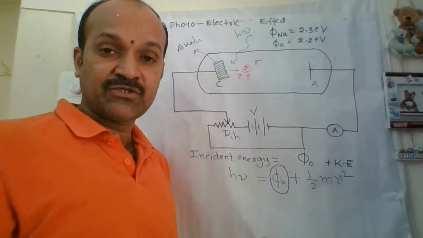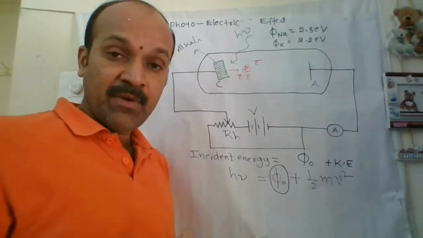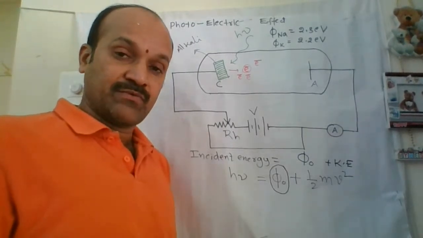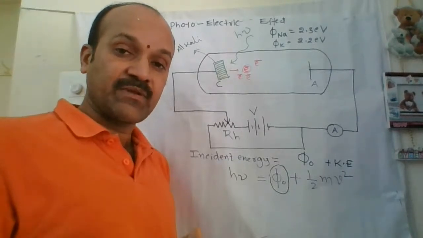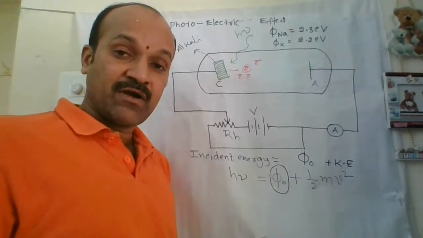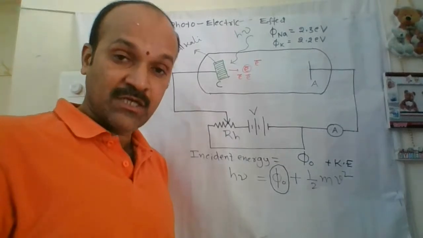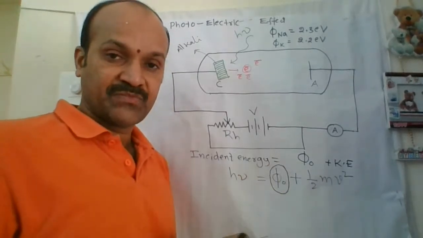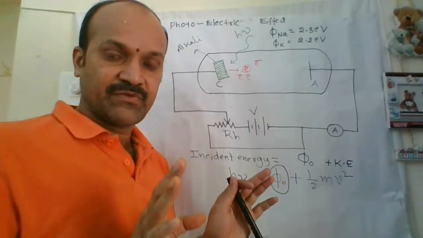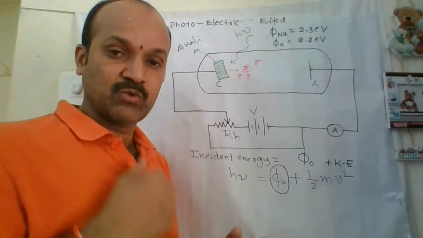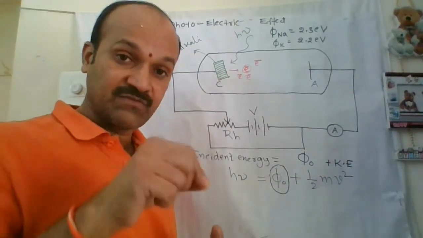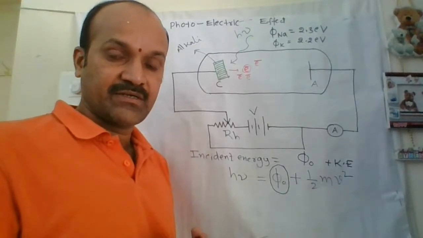What is the definition of work function? The minimum energy required for the electron to just come out of the metal. It just comes out, that's all. Further, it doesn't have any energy to travel. That is the work function, right?